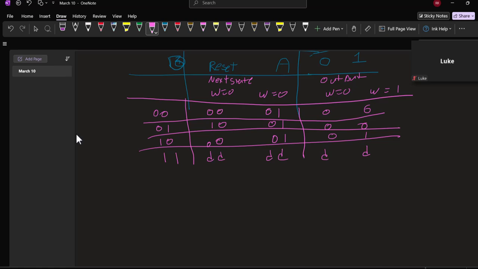So how many flip-flops do you need? You need 2 flip-flops. So this is our current state. I'll call it little y1, little y0. Did I get the capitals right? And next state is capital Y1, capital Y0.